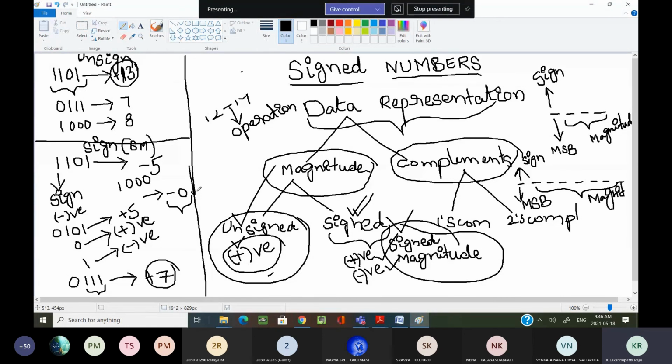Because 0 does not have any magnitude. That is the reason we are not considering whether it is positive 0 or negative 0. Generally, if you consider the sign, this will become -0. Why -0? This 1 indicates the minus sign, and the 3 zeros are nothing but 0. The magnitude is 0, minus 0.